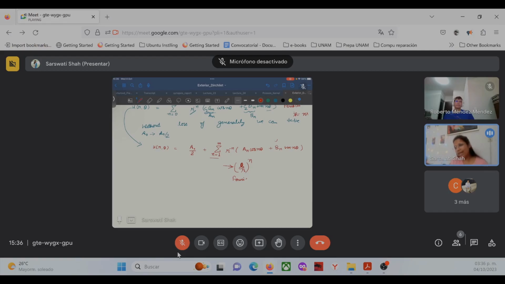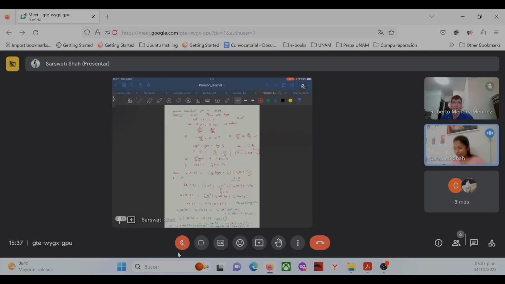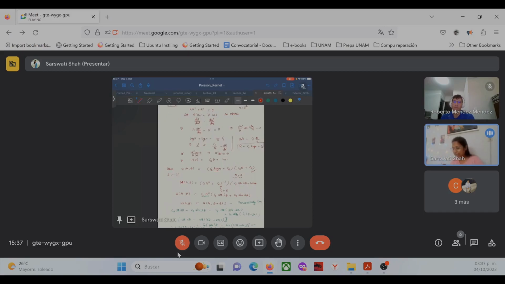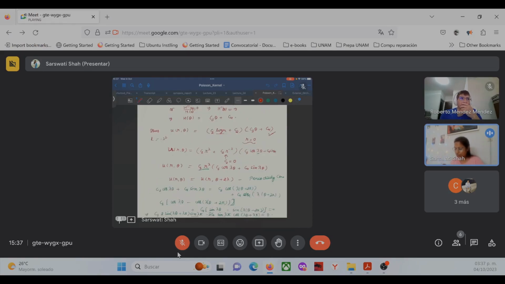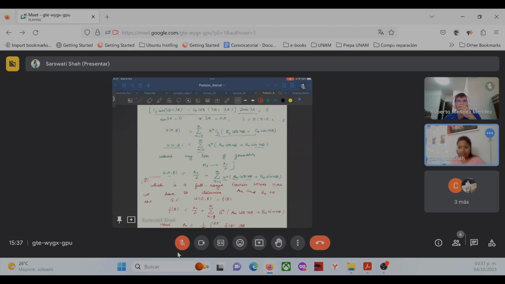But before that, again, just go to the previous problem. This was the exterior of a circle. If we were talking about the interior of a circle, then what did we get? We got r to the power n. And here, what was our geometry? The geometry was that we were defining a circle of radius a, and the problem was defined on the interior of a circle.